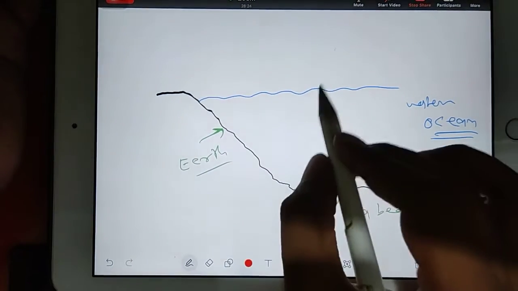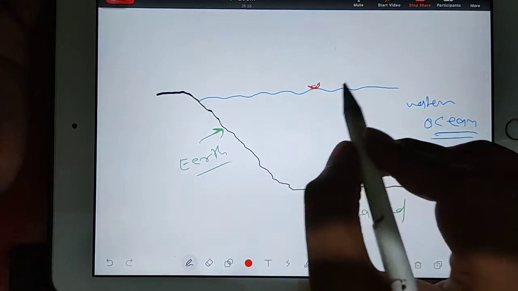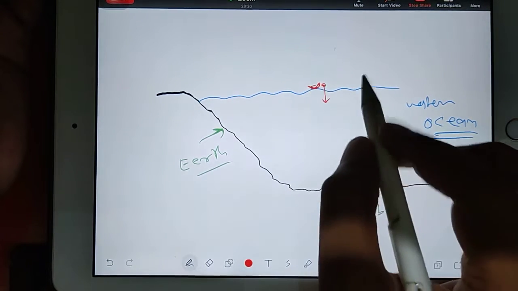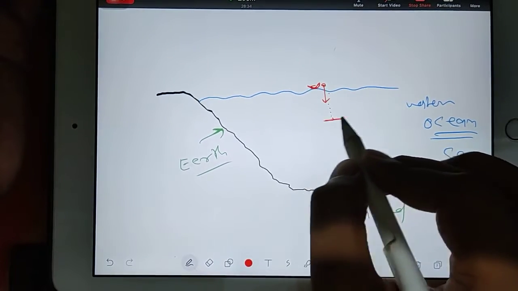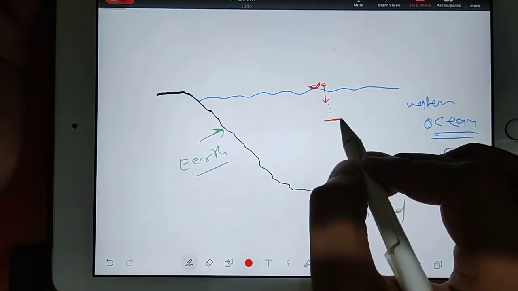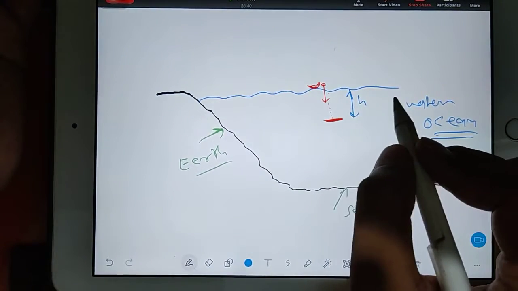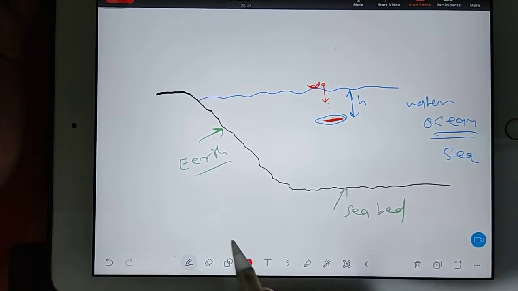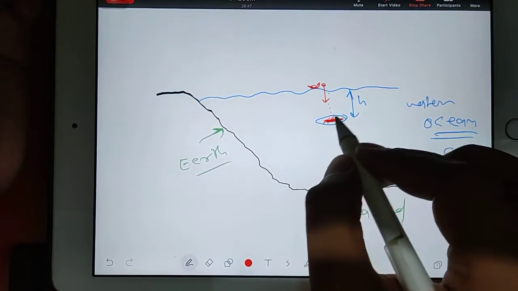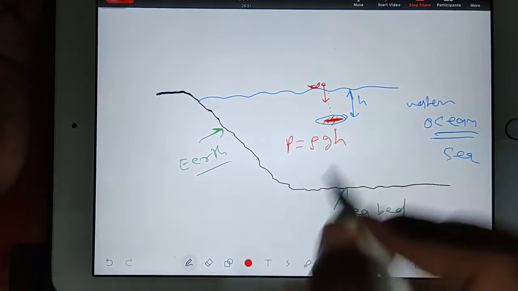Suppose a person is in the boat and this person is jumping down, so it is diving now in the sea. Suppose the person is reaching here, so the person is going to this much depth. How much pressure will be experienced by the person? That pressure is known as hydrostatic pressure, and you can find it with the formula rho g h.